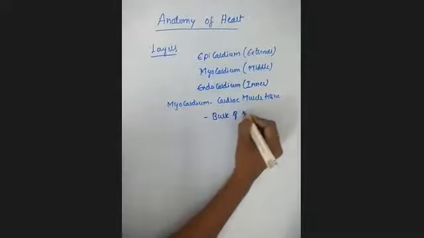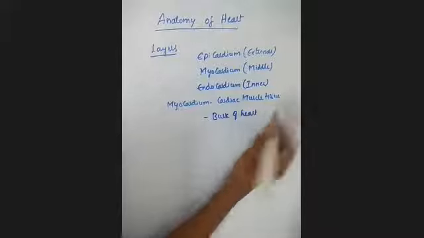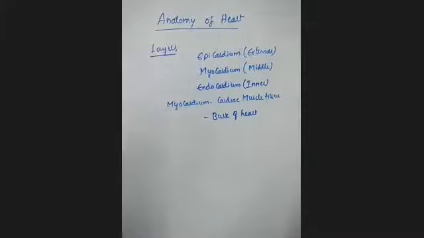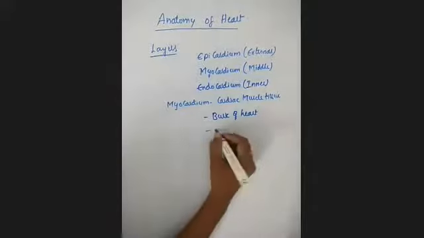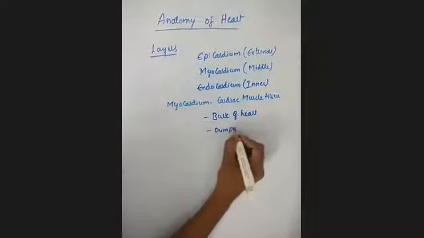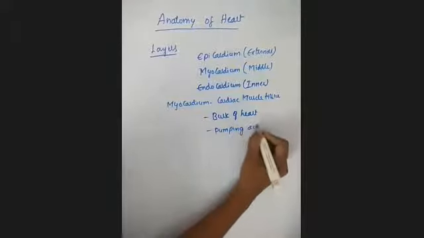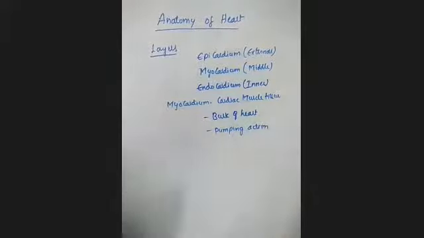What is meant by the bulk of the heart? That means most of the heart is made up of only this myocardium, and it is mainly responsible for the pumping action.